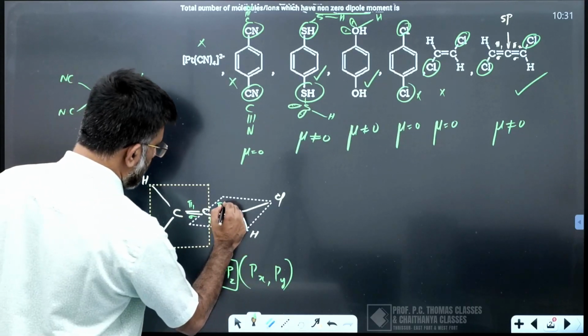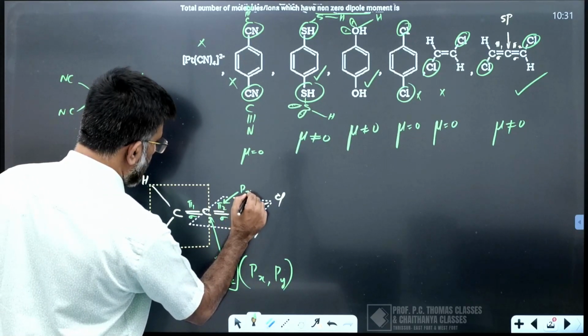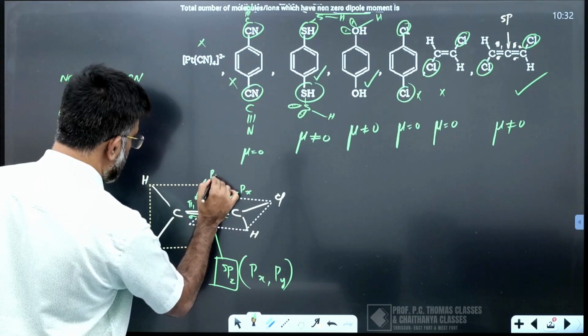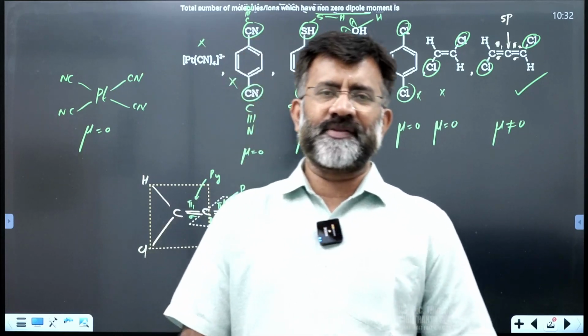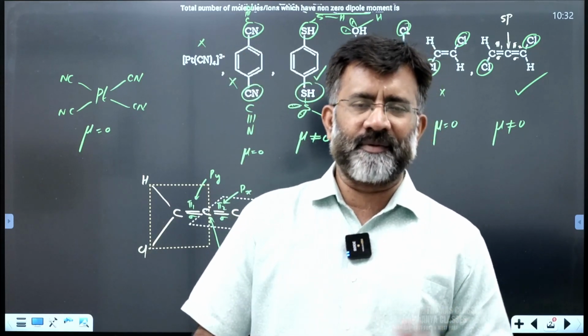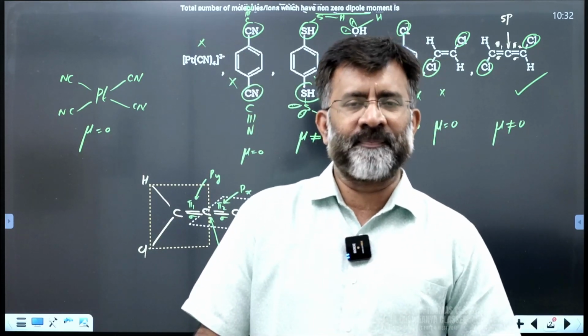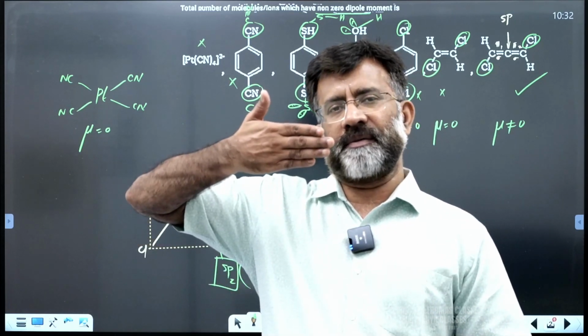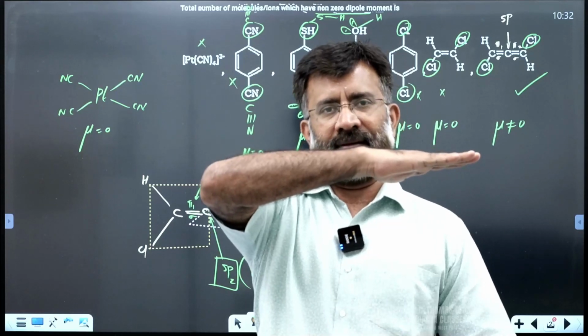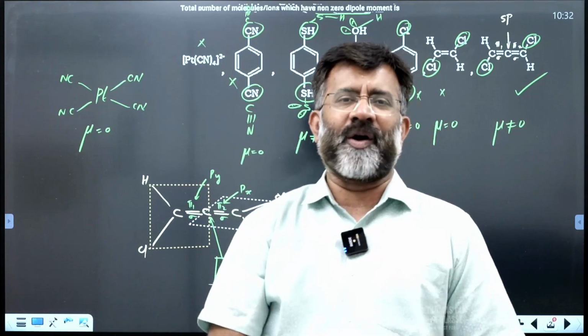Imagine px is making here, then py will be making here. That means they are in two different planes. So if one pi bond is formed along the xy plane, the other will be on the other plane, the vertical plane. So naturally, if one carbon-carbon double bond comes like this, the next will be like this, and the next will be like this, and so on.